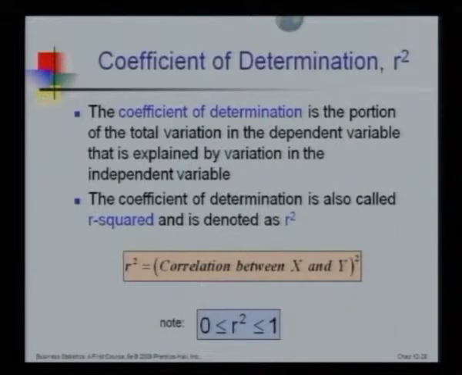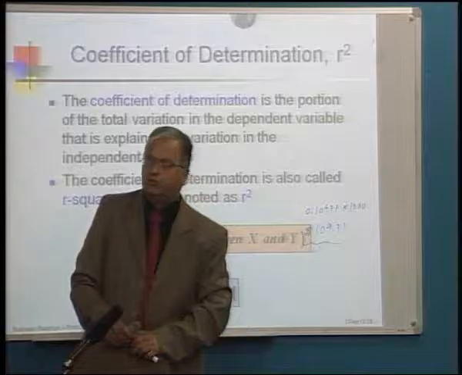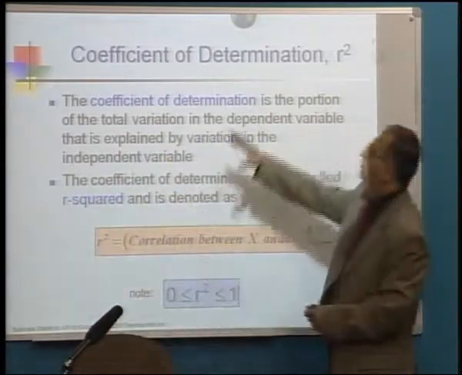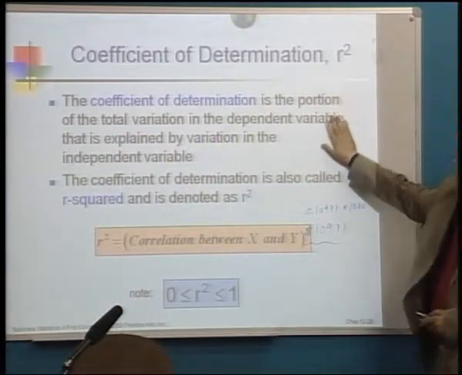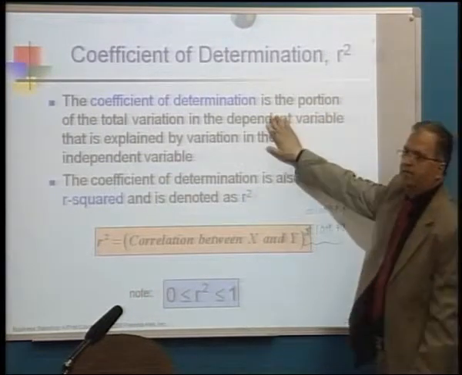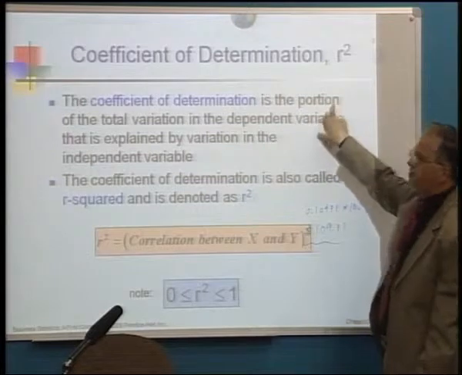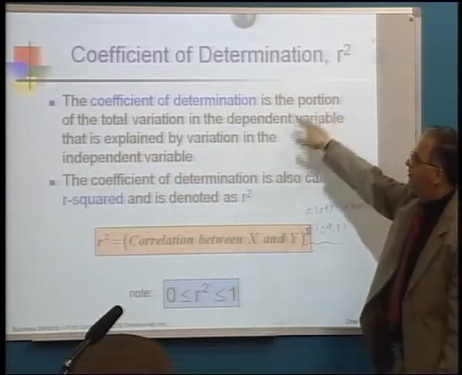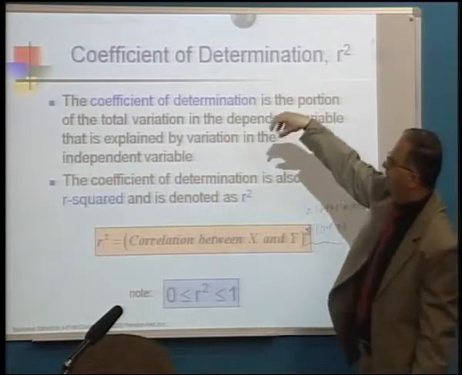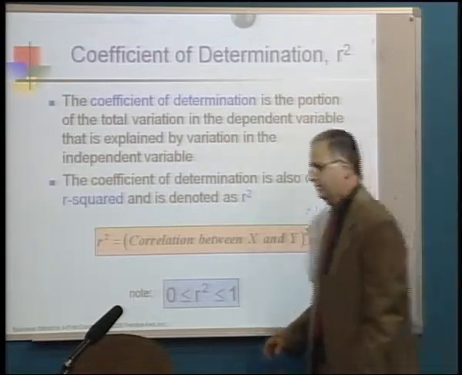The last section in chapter 12 talks about the coefficient of determination, R squared. The definition of the coefficient of determination is the portion of the total variation in the dependent variable that is explained by the variation in the independent variable.